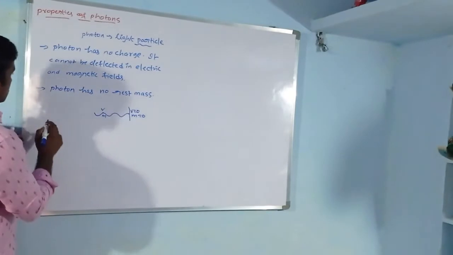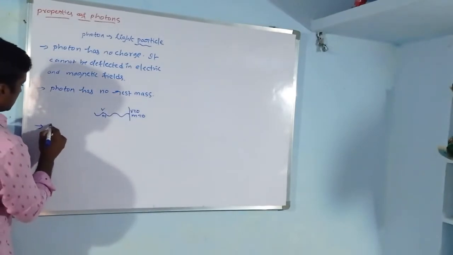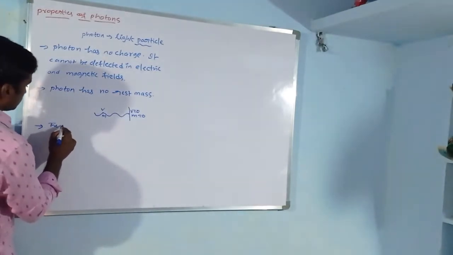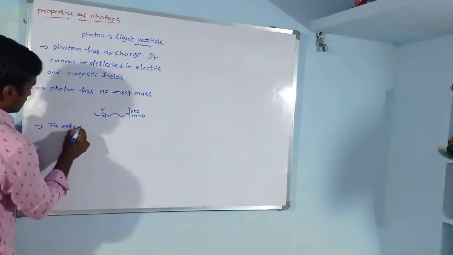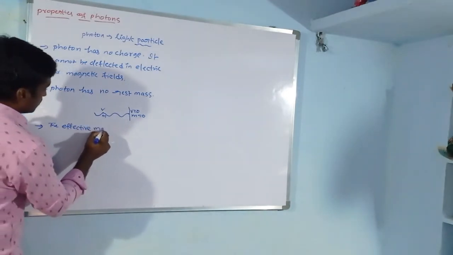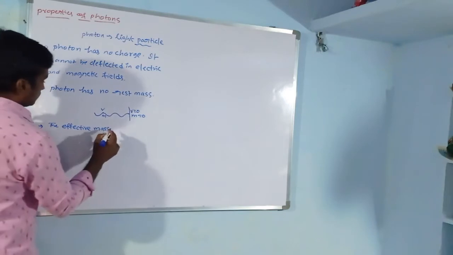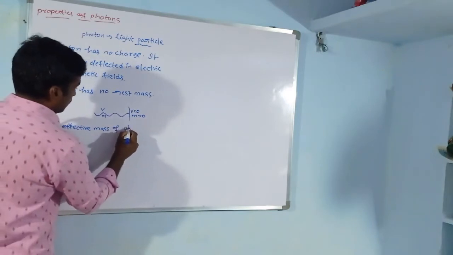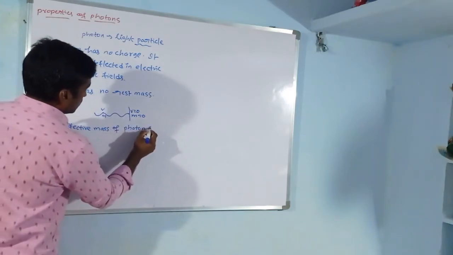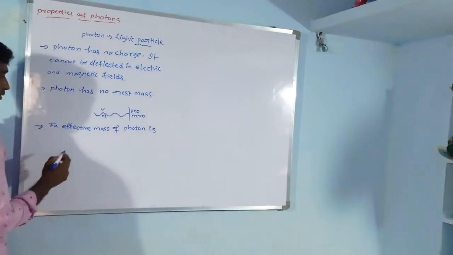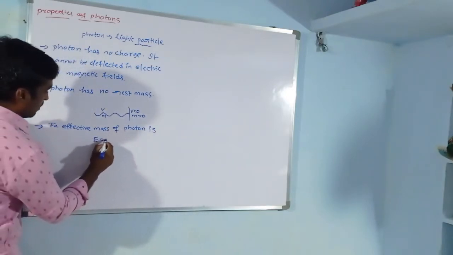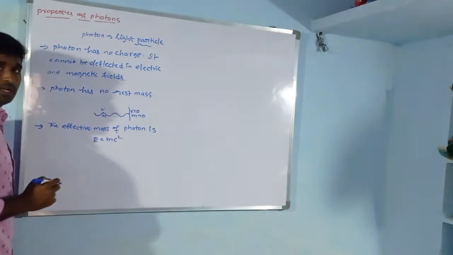Next one is the effective mass of the photon. We can find it using the formula E = mc².